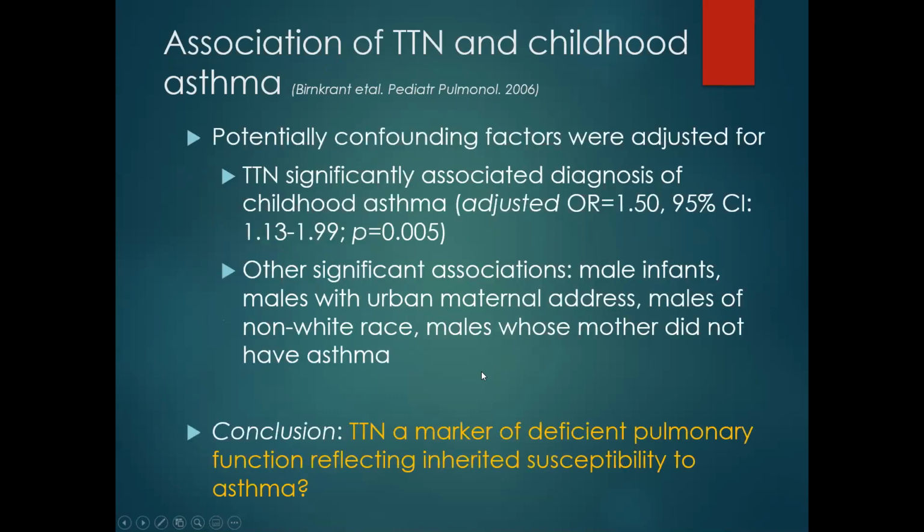But what they really have concluded is that TTN is a marker of deficient pulmonary function, meaning how delayed the lung liquid clearance is might affect or predict their inherited susceptibility to asthma in the future. It's a big question mark. I'm not going to put my money and say there's a link between TTN and childhood asthma, but it's been questioned before. So I think the answer here is no, there's no correlation.